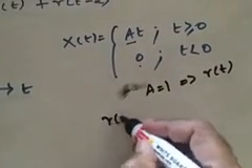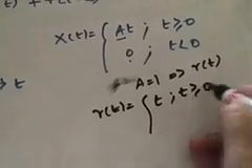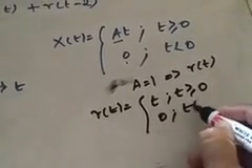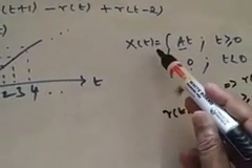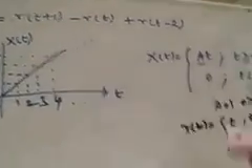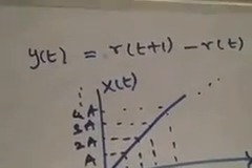So r of t equals t when t is greater than or equal to 0, and 0 when t is less than 0. The only change from the general x of t is that you are replacing a with 1. That is the main difference between x of t and the unit ramp signal. Okay, now come to the problem.